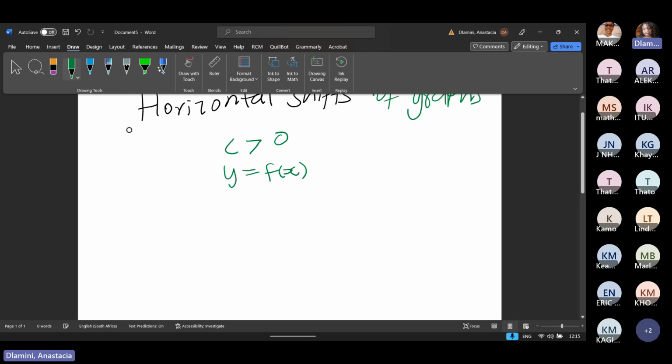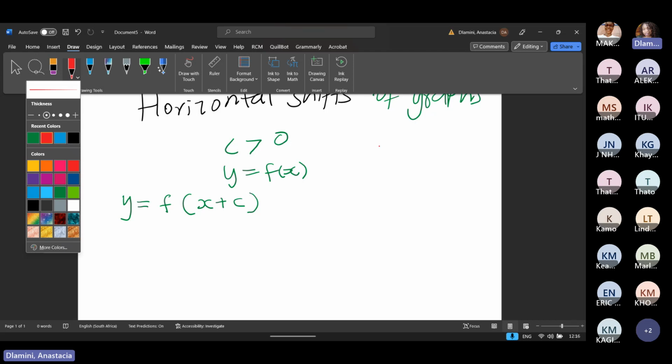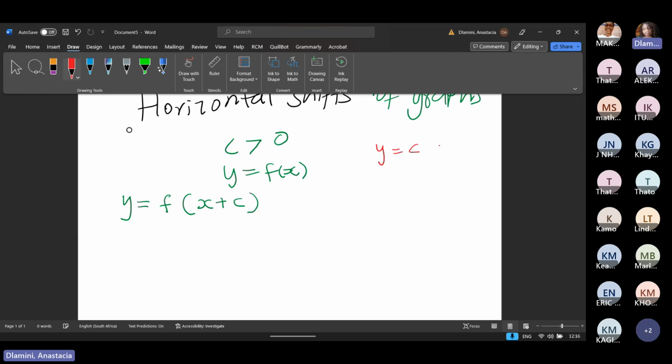Now you have a function f of x. If you have y equals f of x plus c, do you see that I went inside and I wasn't outside? Meaning, y is equal to c times f of x: whatever value of y you get, you multiply by c. Do you see it's different? In this case, for every value of x, if you say x is 1, then you add c. Do you see the two differences?